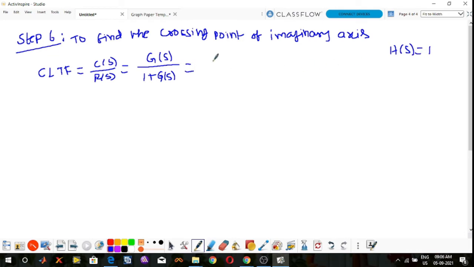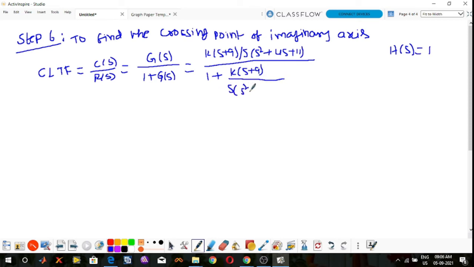Now here, for the unity feedback system, the feedback element H of S is equal to 1. So given the open loop transfer function K into S plus 9 by S into S square plus 4S plus 11, divided by 1 plus K into S plus 9 divided by S into S square plus 4S plus 11. In the denominator and numerator, take the LCM and simplify the RHS term.